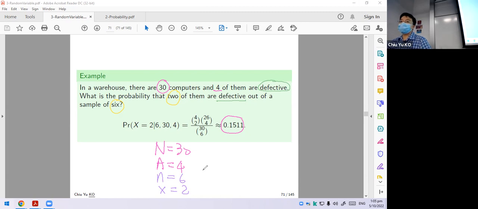because a lot of the time we are actually doing sampling without replacement, especially when the sampling has to destroy the item. Say suppose you are looking at food, right? And to see whether it's defective or not, you actually have to open the thing and put the chemical there and see whether it's okay or not.